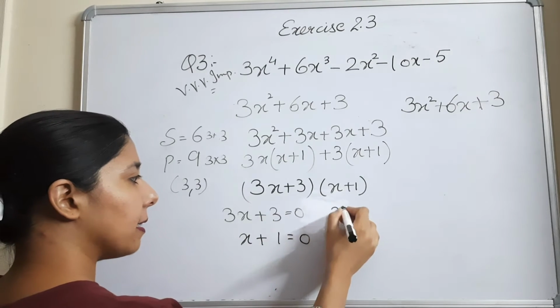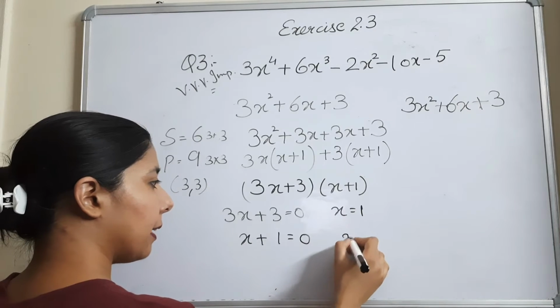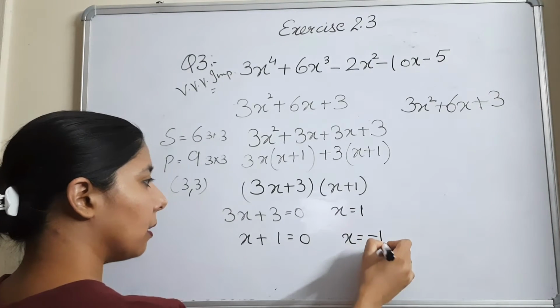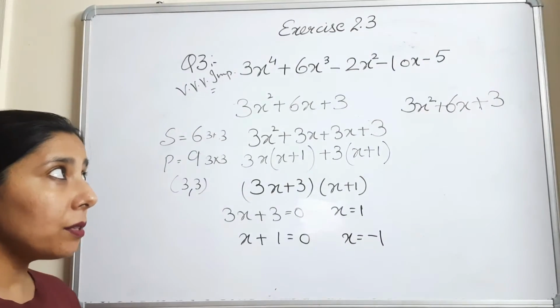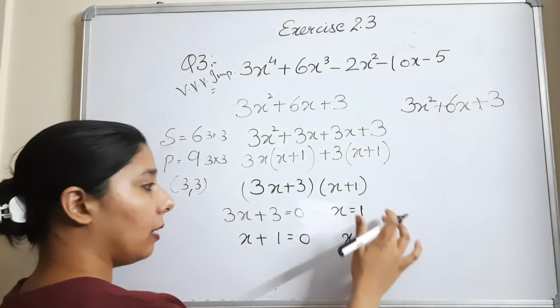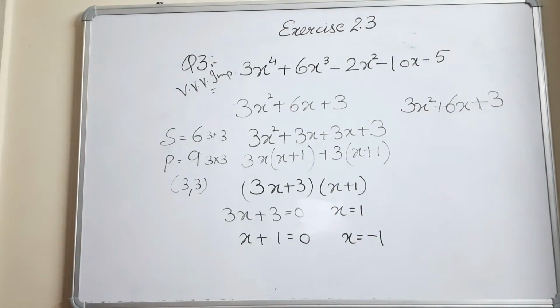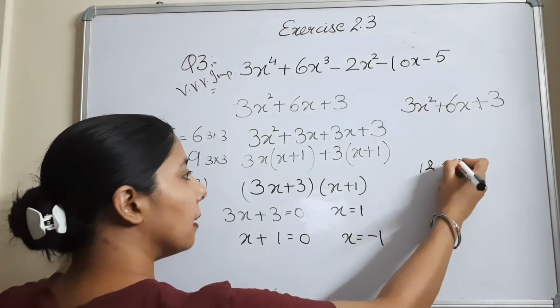From here you get x equals 1 and from here you get x equals minus 1. So the other two zeros for this polynomial are x equals 1 and x equals minus 1. So your answer is 1 and minus 1.